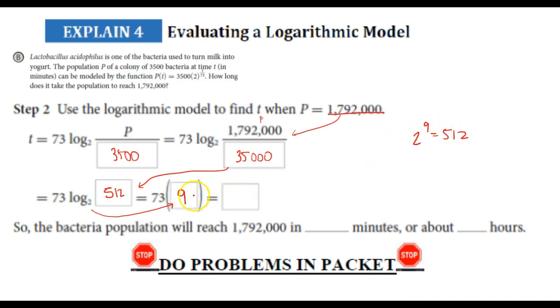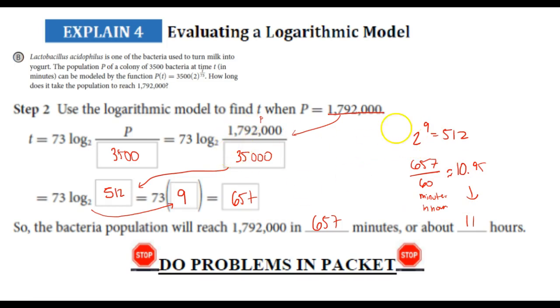And when we multiply this together, that would be 657 minutes. So in about 657 minutes, or when we divided that by 60, we got about 10.95, which is really about 11 hours. You're probably wondering, why do you divide by 60? Because there's 60 minutes in an hour, right?